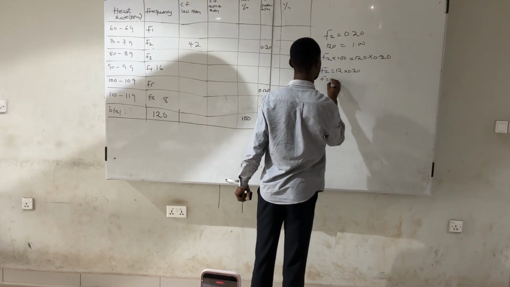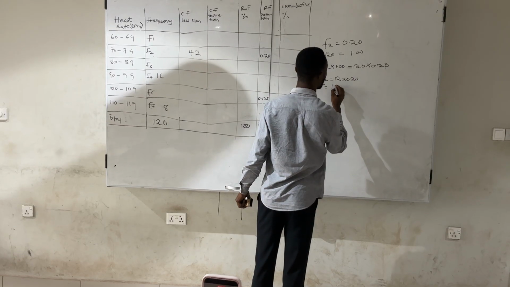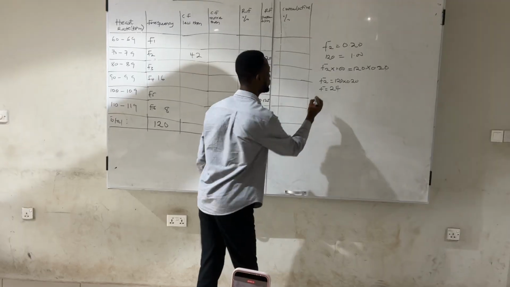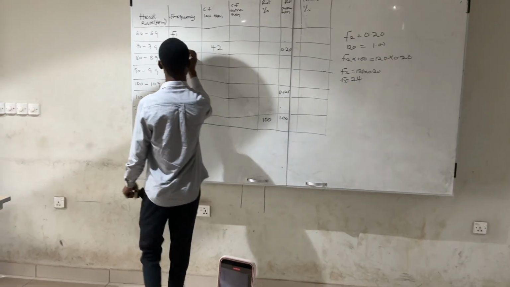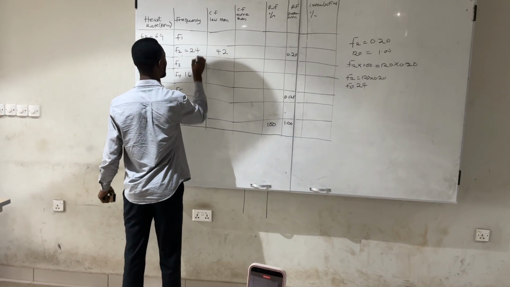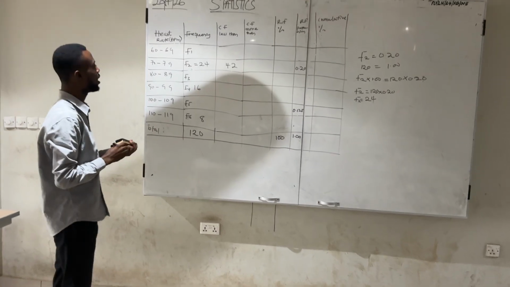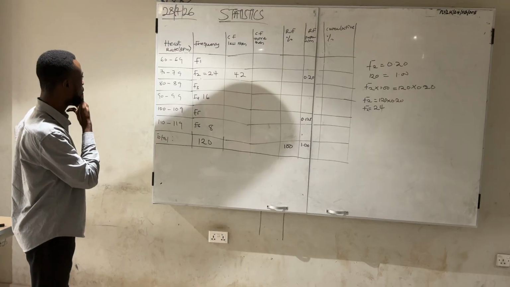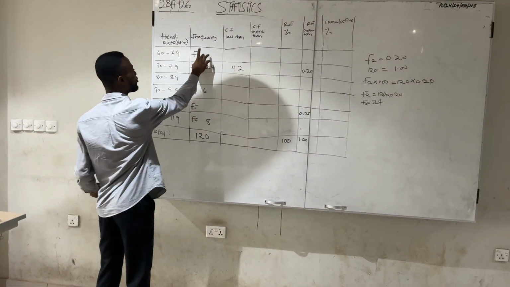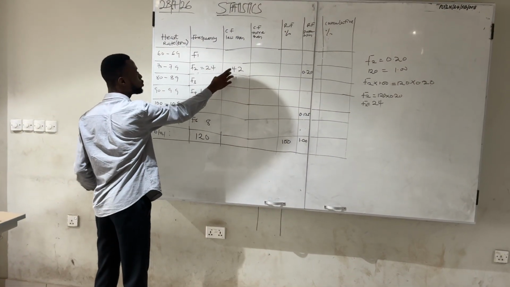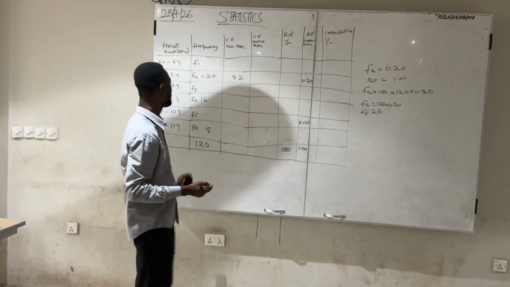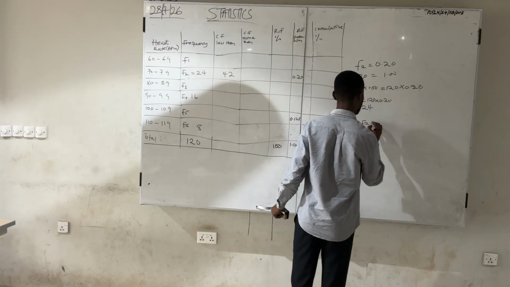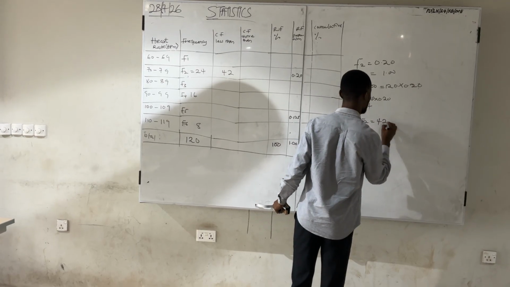So F2 will be equal to 24. Good. Therefore F2 is 24. Now, looking through the parameters, we can also say that adding F1 to F2 is supposed to give us 42.